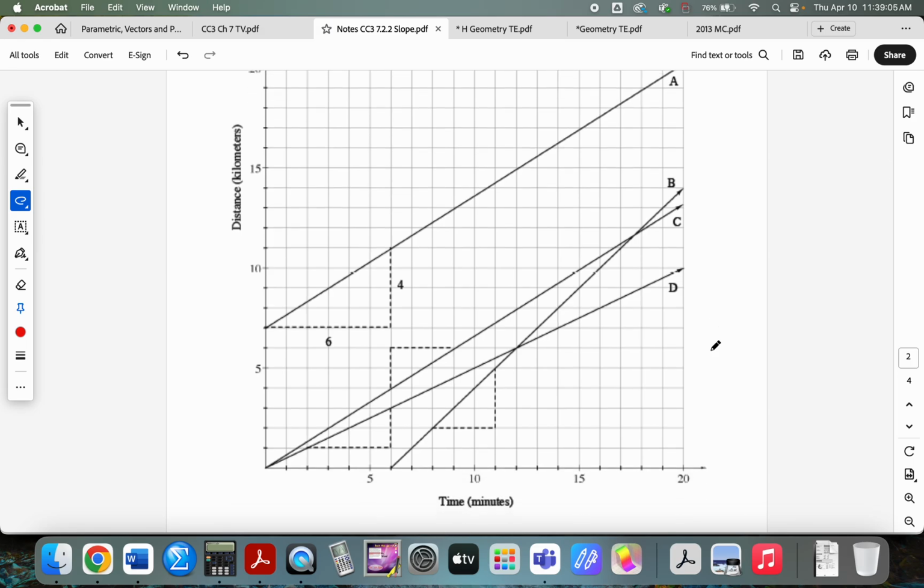Find the slopes of the other 3 lines, and please reduce them. So please use the triangles that they give you to find the slopes of the other three lines.